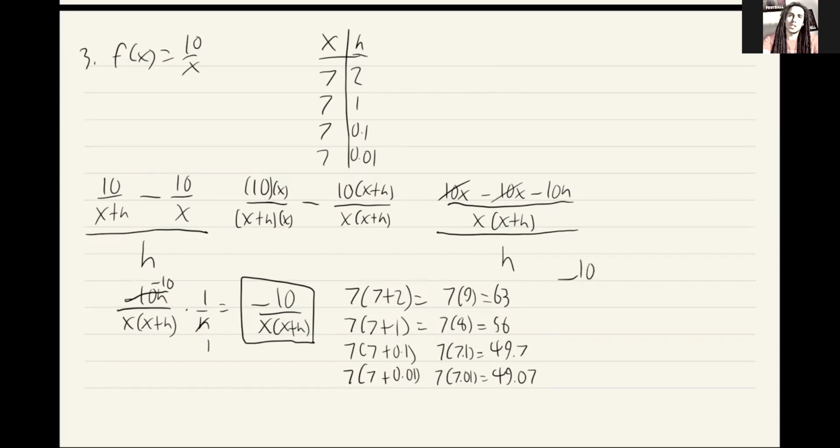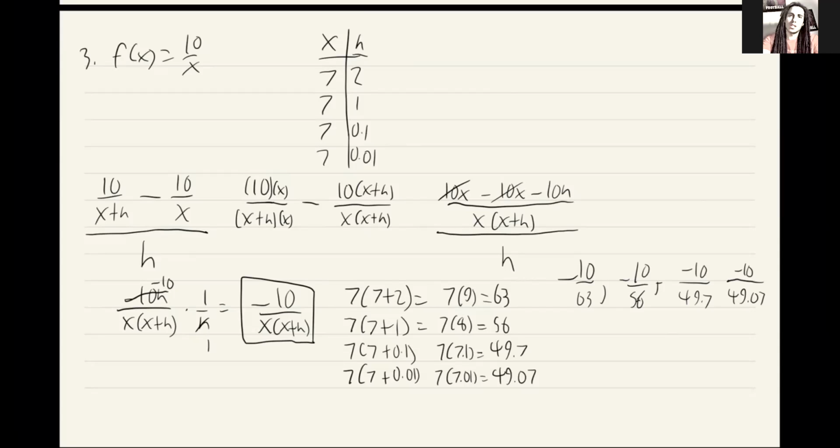So then we have negative 10 over 63, negative 10 over 56, negative 10 over 49.7, and negative 10 over 49.07. However, in the problem, what they are looking for is 3 decimal places.